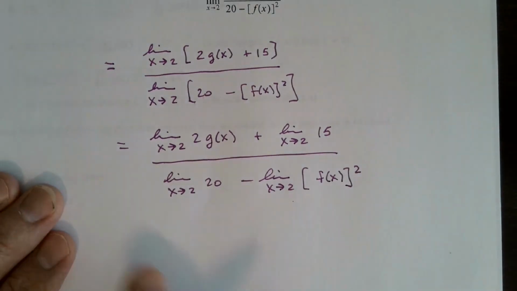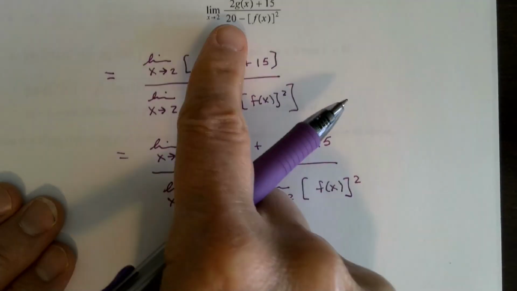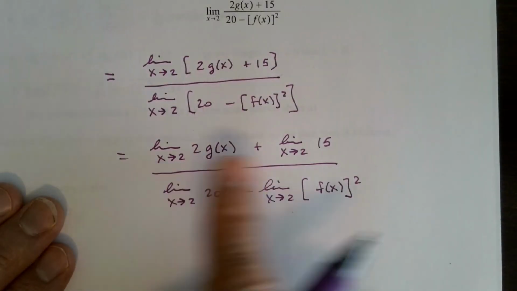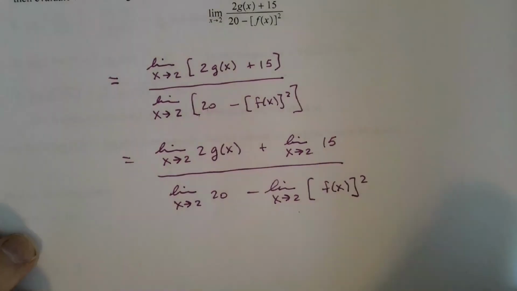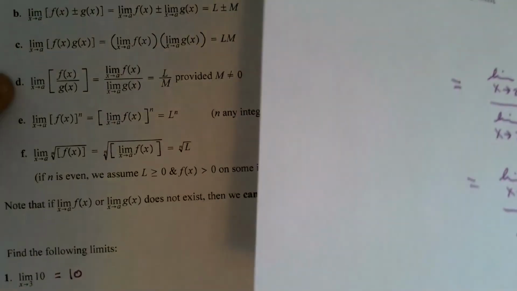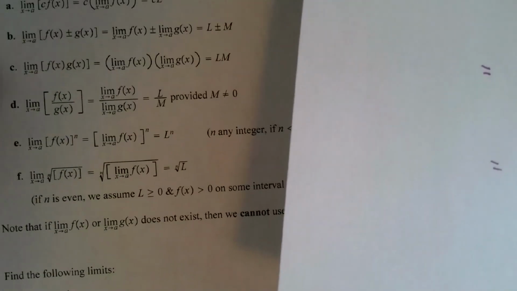Okay, so hopefully everyone's followed that. So limit of a quotient, quotient of limits, limit of the sum or difference is the sum or difference of the limits. So maybe use the properties for D and then for B.